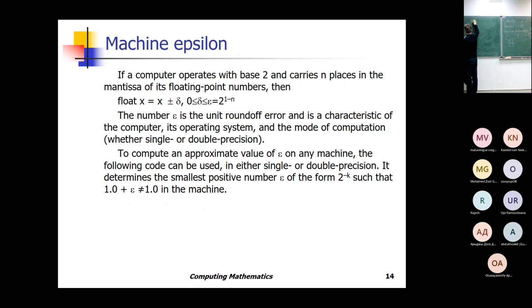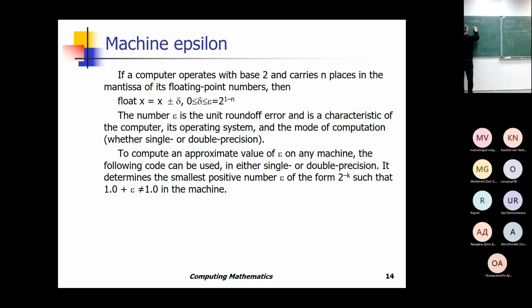Let's take epsilon equals 2 power minus k, where k is some integer number. Then we can check the condition.